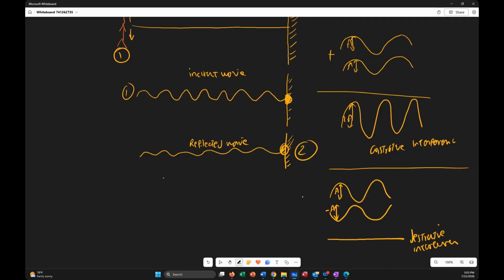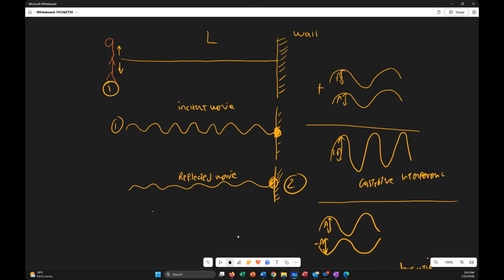You remember I said we have two waves here when the person starts moving the string up and down. It creates the incident wave, the wall reflects it back, so there will be two waves, and at some times they cancel each other.